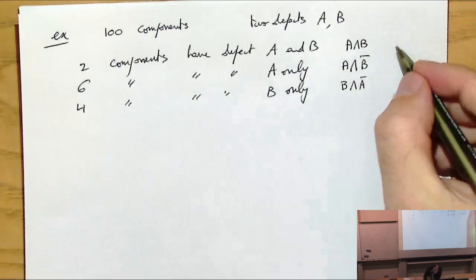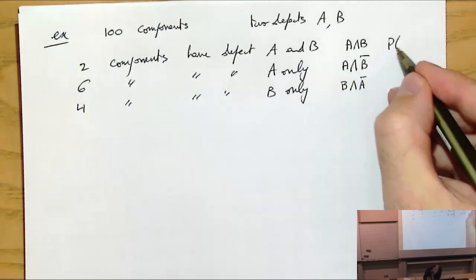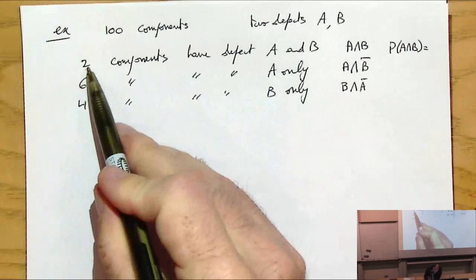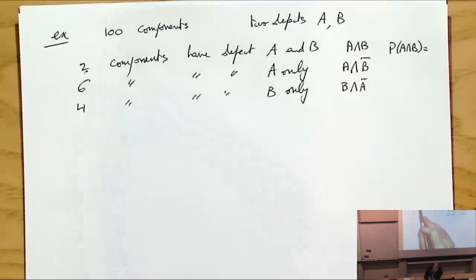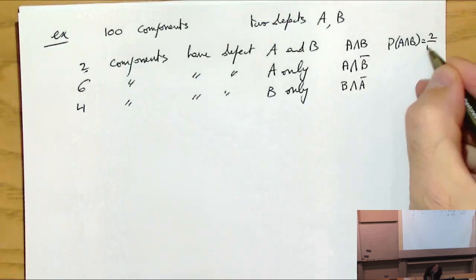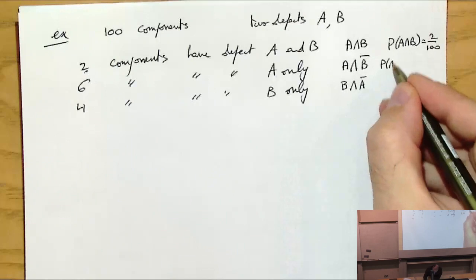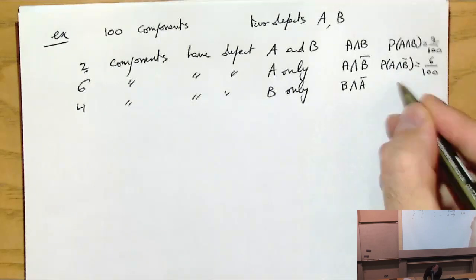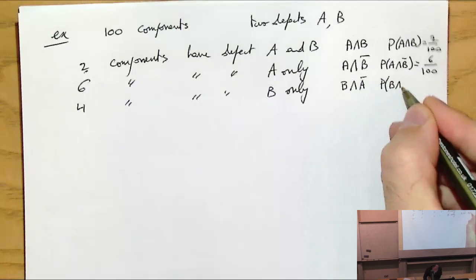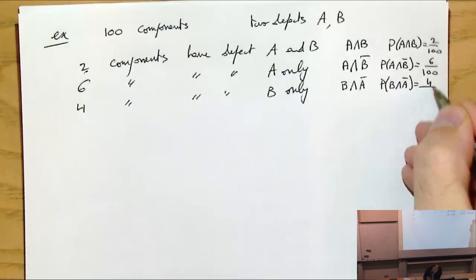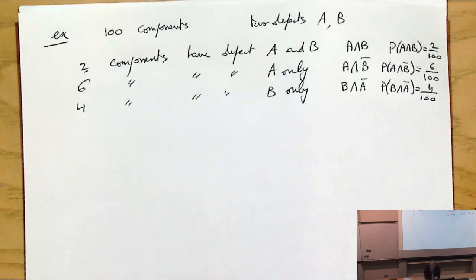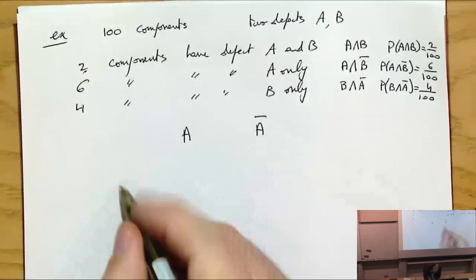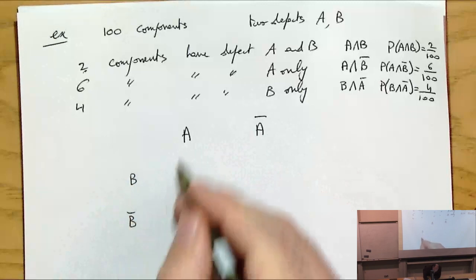Now, what's the probability of having P of A and B? Well, I have 2 of them with a defect out of 100, so that's 2 divided by 100. P of A and not B is 6 out of 100, and P of B and not A is 4 out of 100. Right? So now I can build this table A, not A, B, not B.